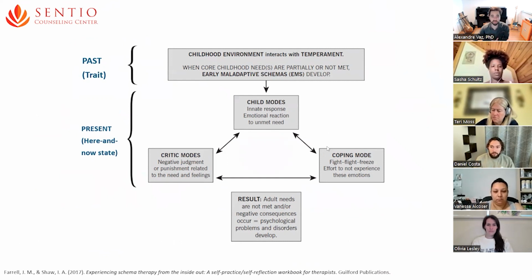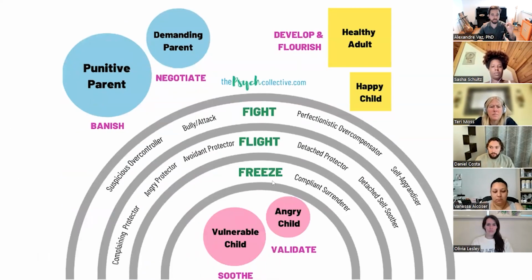And now, in the present moment, you see those schemas acting up mainly in these three parts or modes that all of us carry: child mode, critic mode, coping mode. You can go into a lot of detail. We won't go today into a lot of detail on the different coping modes, etc. But there are different types of experiential, cognitive, and behavioral work that you can do for each of these: for the critical parts, for the coping part, for the vulnerable child parts. It's a very powerful formulation map.